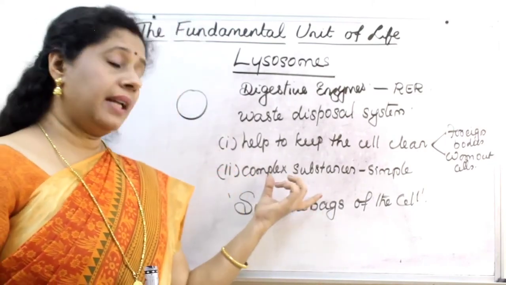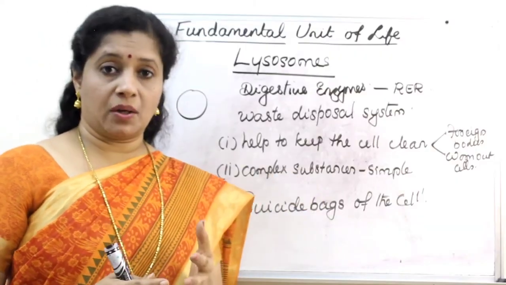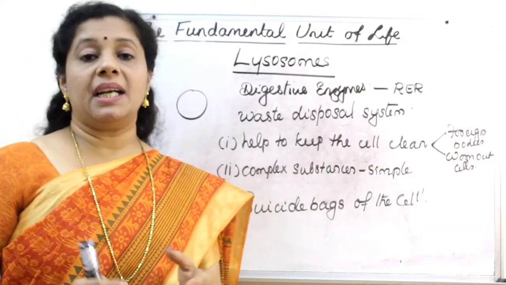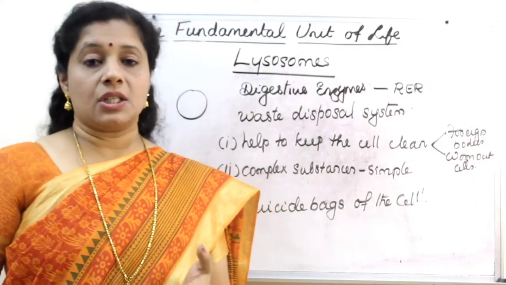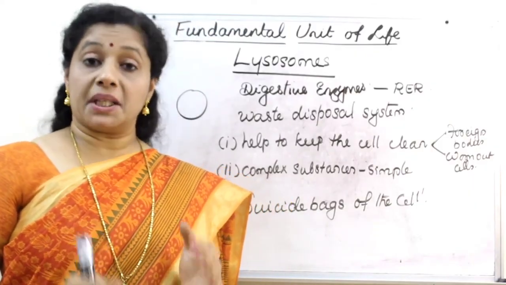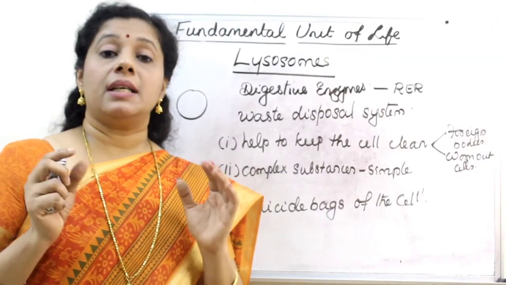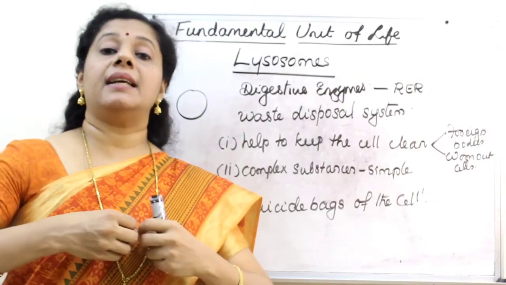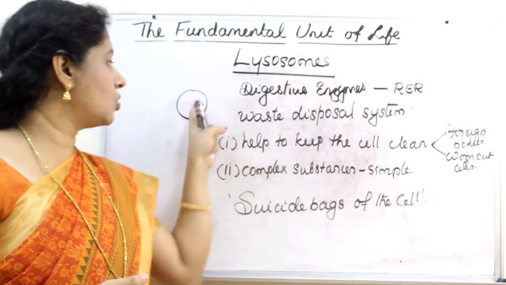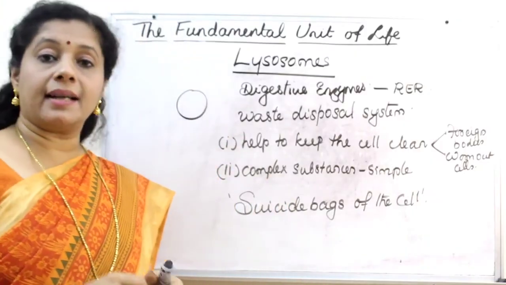Then when the cell is getting disturbed or the cell is damaged, immediately the cell has to be destroyed, or else it will affect the whole system. So in that particular condition or scenario, these lysosomes will rush to that area where it is damaged and they will burst themselves, because there is no opening through which they can secrete the enzyme.